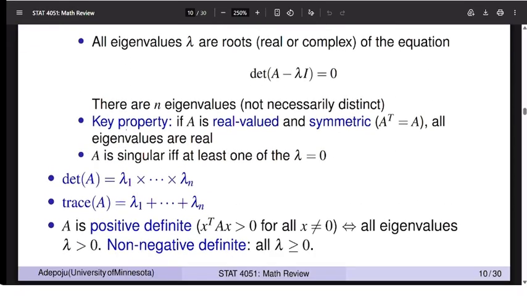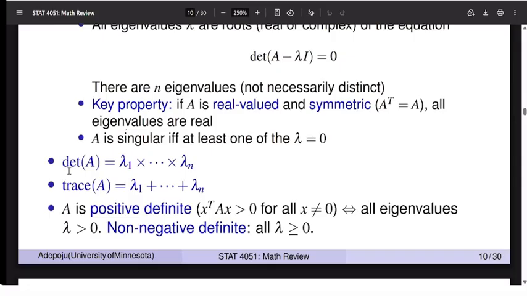In terms of eigenvalues, the determinant of A is just the product of the eigenvalues. For instance, if A is a square matrix, n by n, the determinant of A is the product of the eigenvalues: lambda 1 is an eigenvalue, lambda 2 is an eigenvalue. Then the trace of A is the sum of the eigenvalues.